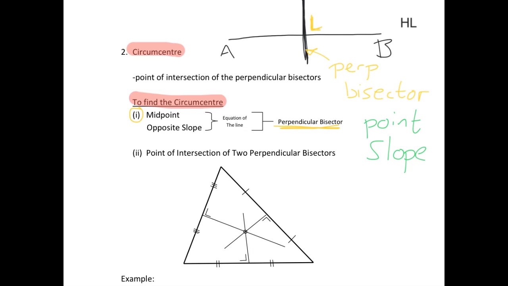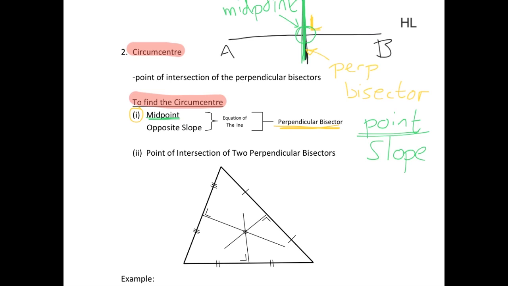The point that we take is the midpoint of the line, because we know that the perpendicular bisector of AB splits AB perfectly in two, so that point there is the midpoint of AB.